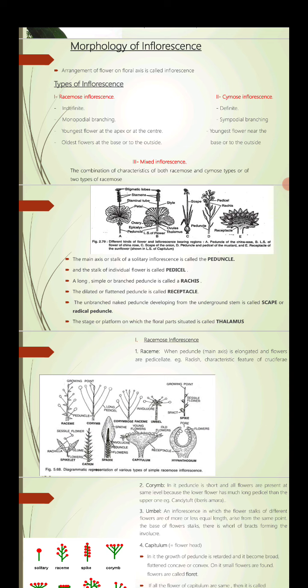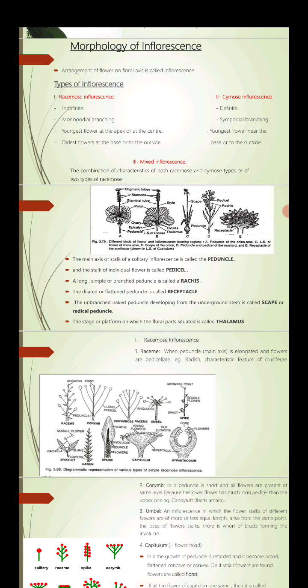In racemose inflorescence, the youngest flower is at the apex or at the center. In cymose inflorescence, the youngest flower is near the base, to the outside.